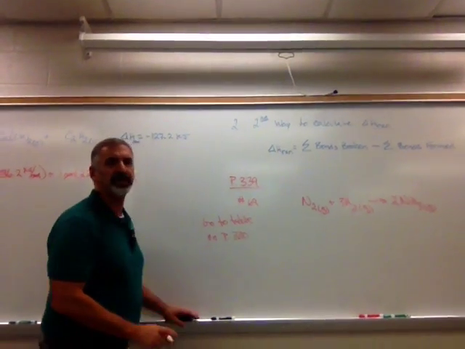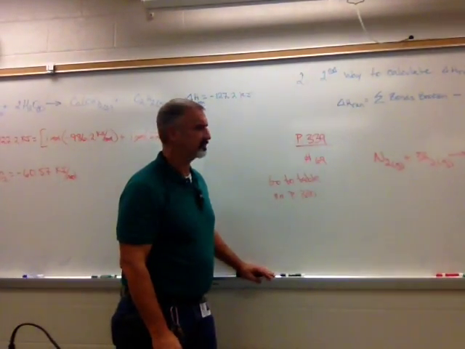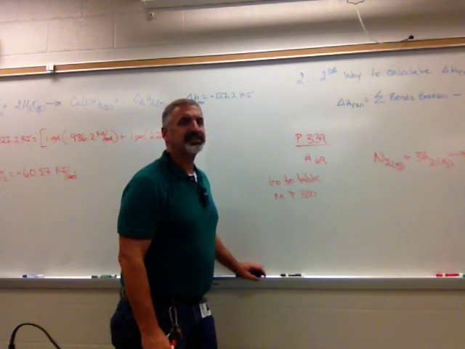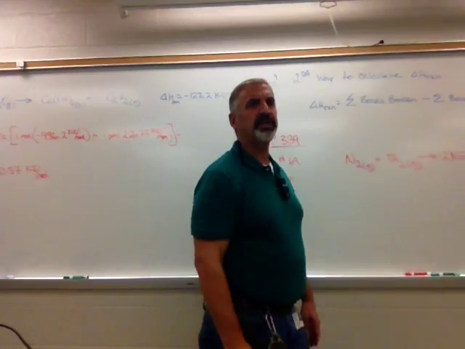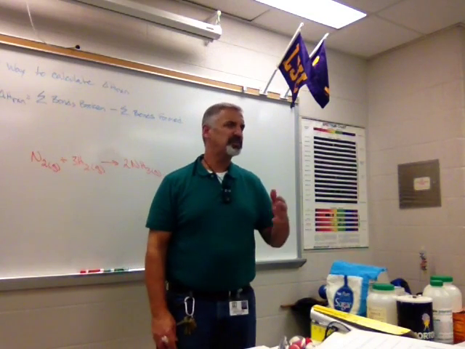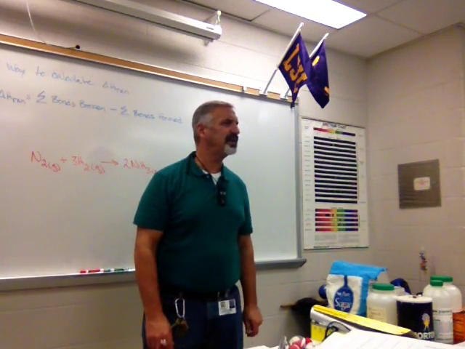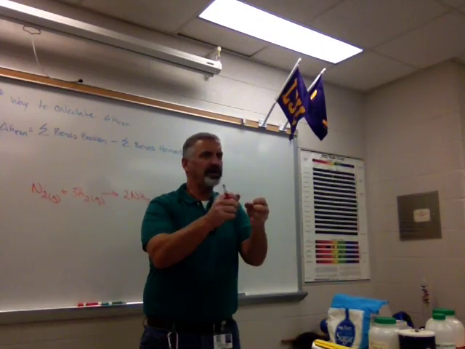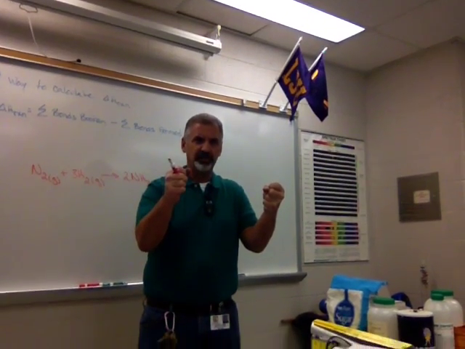Now I'm not quite sure what page it is in the new book, but this is in the old book, page 330. And they give you a list of all the different bond energies. So you can see a carbon-to-carbon single bond, a carbon-to-carbon double bond, just a whole bunch of common covalent bonds. And the bond energy is the energy that's released when those two atoms come together, and it's the energy required to break them back apart.